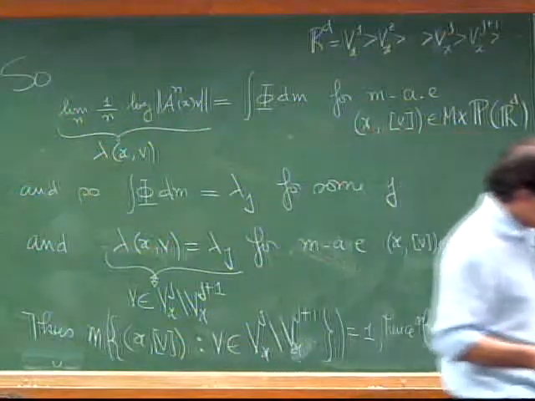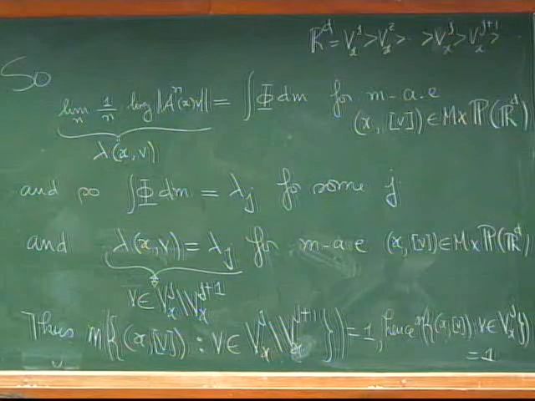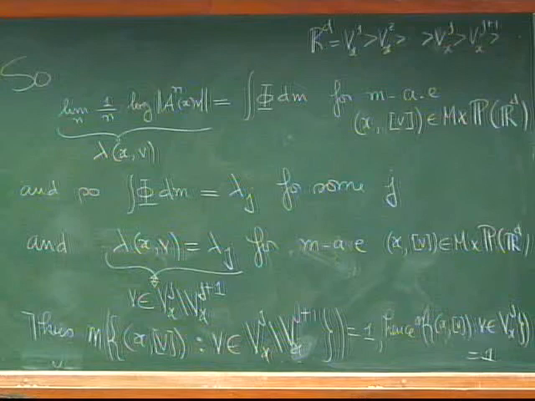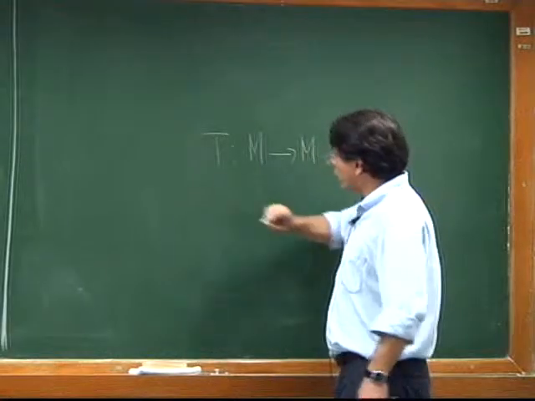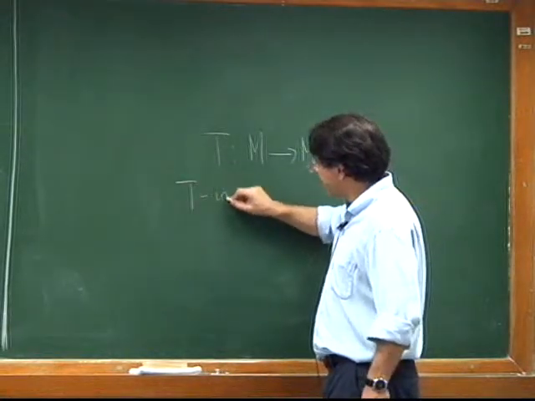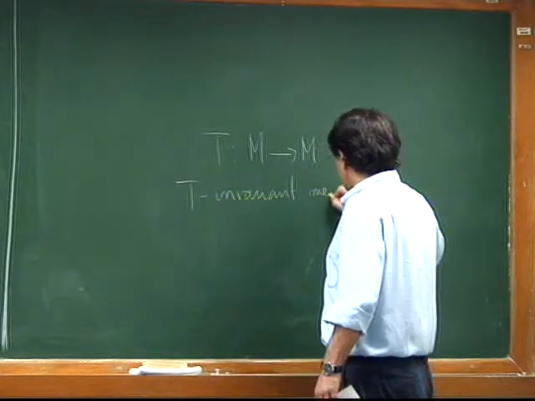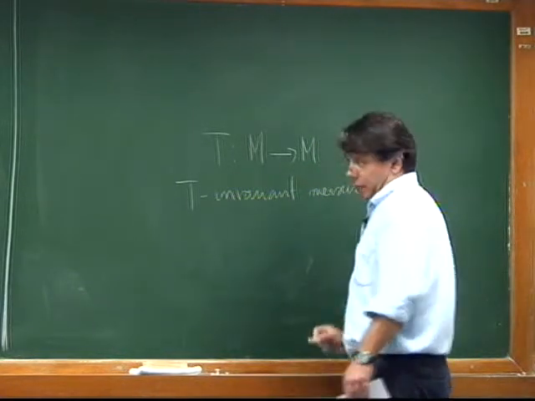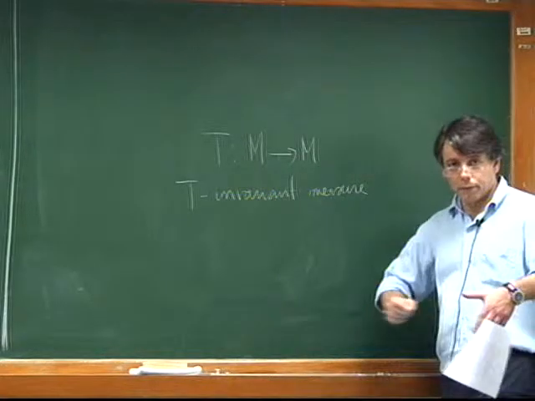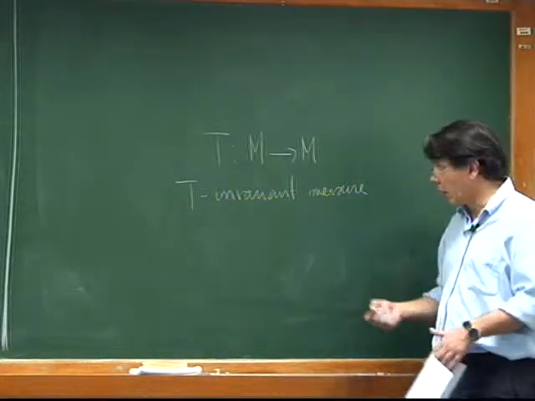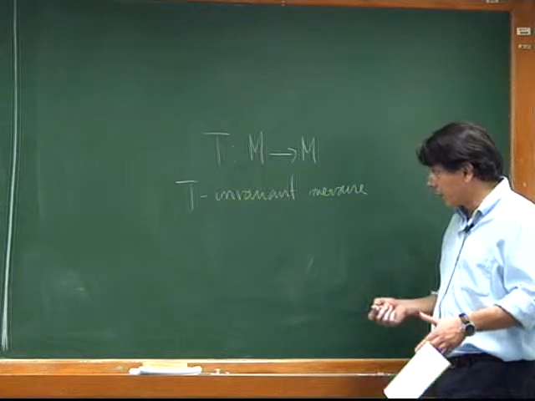I'm going to write down the trick here, then I'm going to erase it, and I'm going to do it properly. If you have a transformation T, how do you construct a T invariant measure? The basic trick is always the same. Then you have to work harder or not so hard depending on the situation.